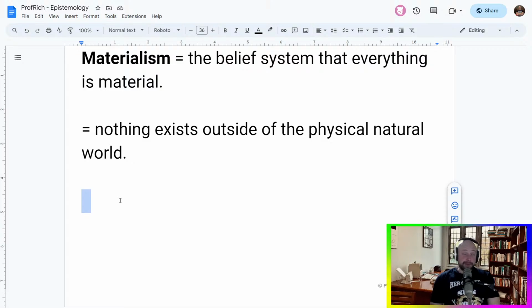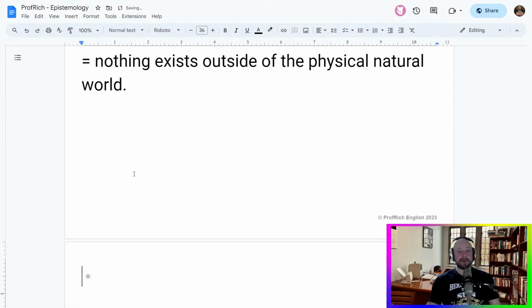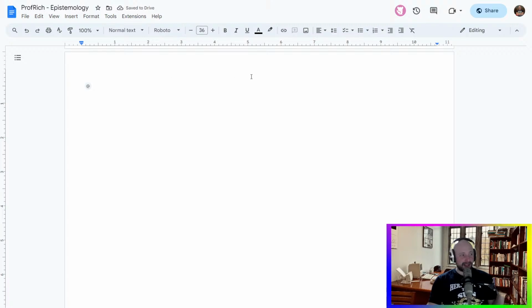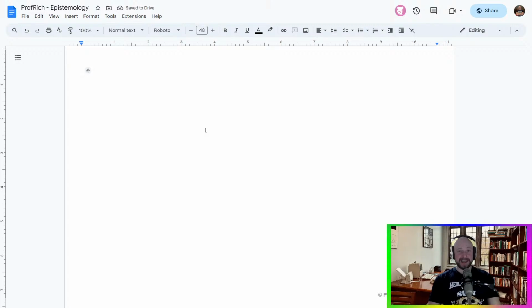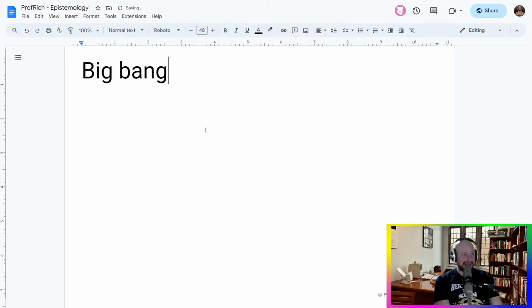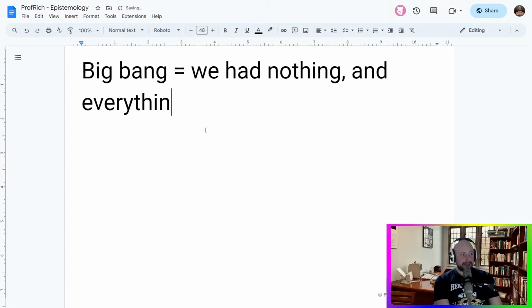I mean, here is something to think about. Current scientific theory, by the way, science is generally materialistic. I mean, it has to be. The scientific method only applies to materialistic things. But scientific theory talks about the Big Bang, where we had nothing and everything came into existence.